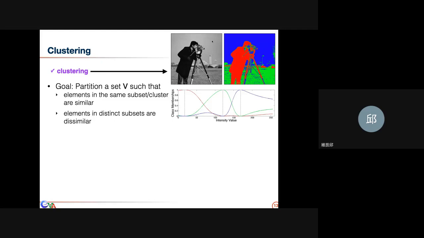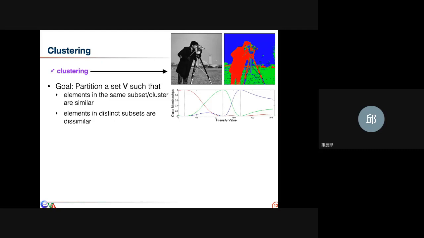Okay. So for instance, given this image, all the pixels in this image can be treated as a single data point, right? And for each data point, or for each pixel, they have their own intensity values, right? And then we can try to group those data points or those pixels according to their intensity values.